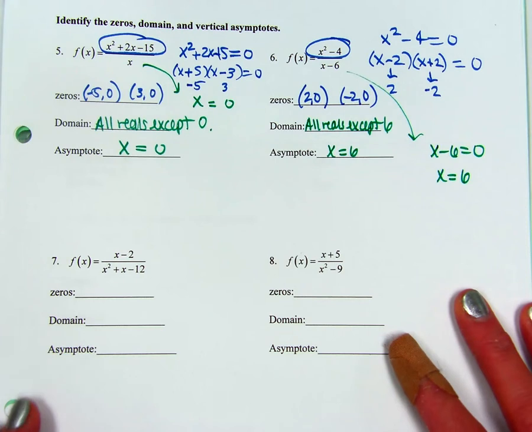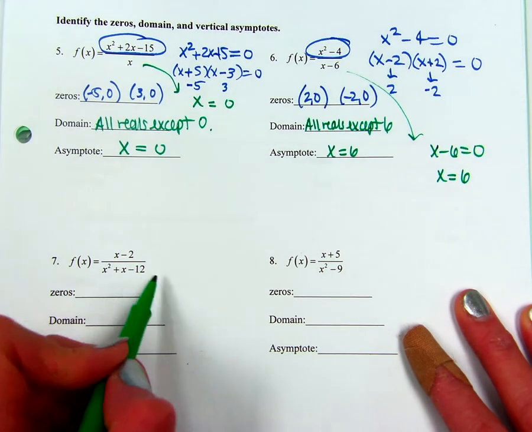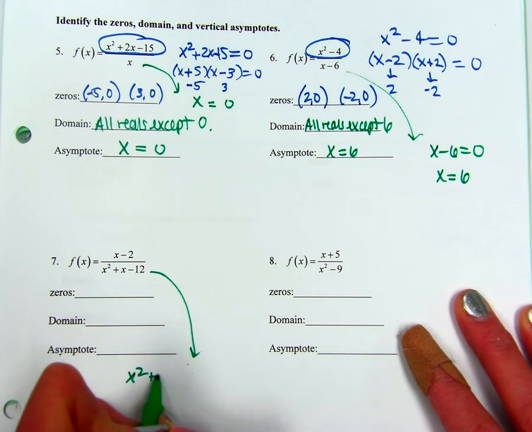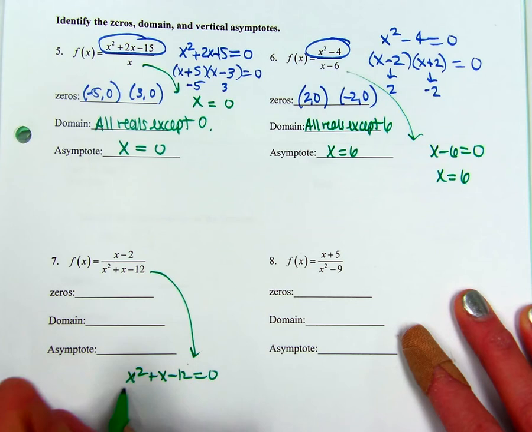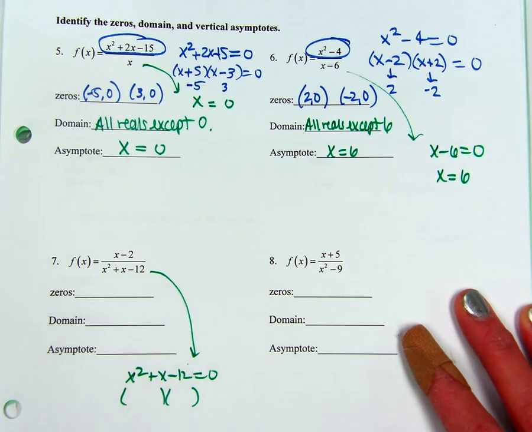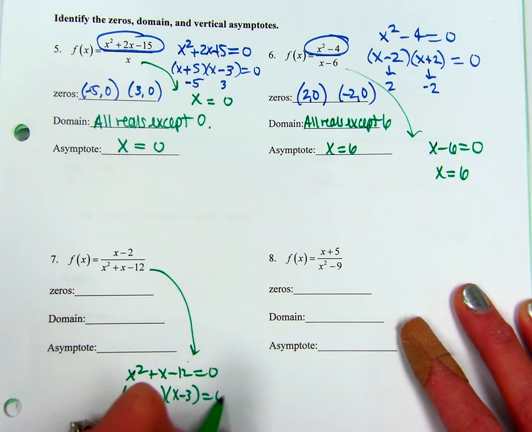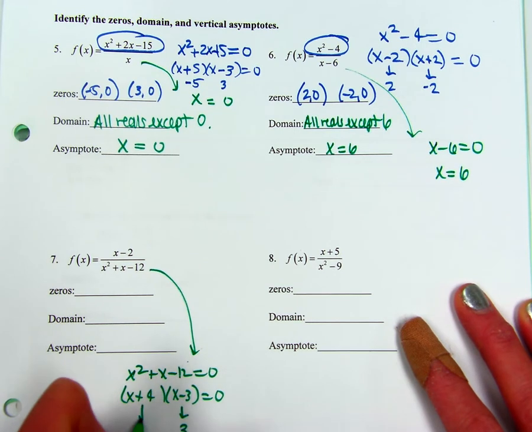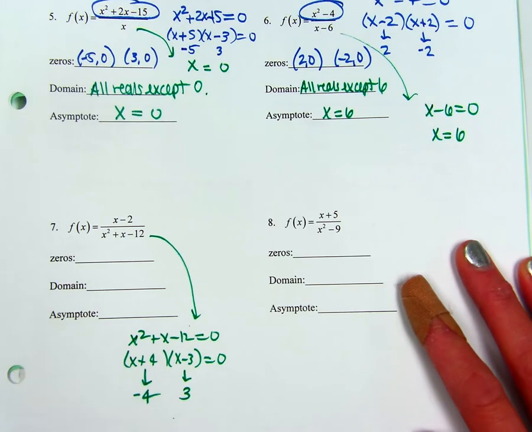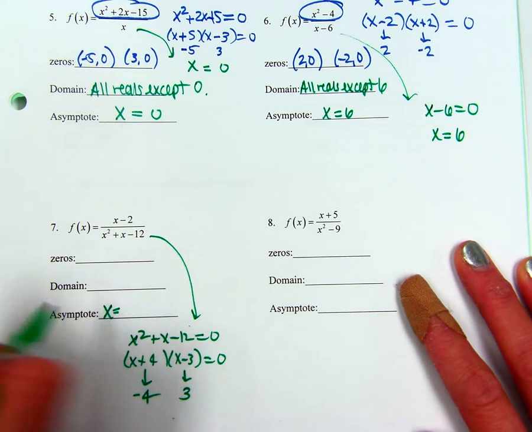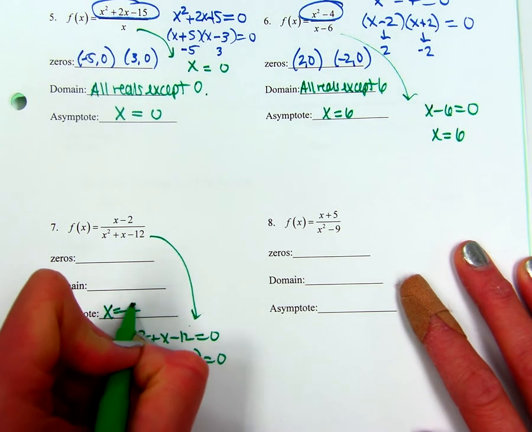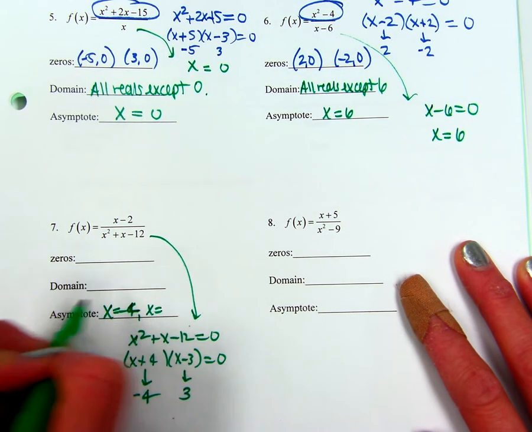All right, last two problems. Start with your asymptote. Look at your denominator, set that equal to 0. This time I do have a quadratic, so that one needs to factor. So I get (x plus 4)(x minus 3), and when I solve I get 3 and negative 4. So I have x equals negative 4 and x equals positive 3.